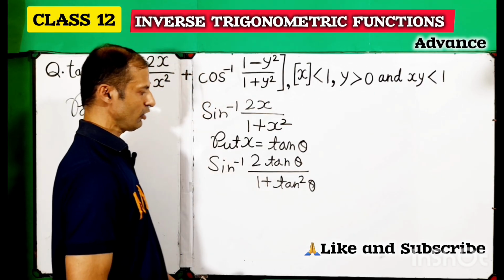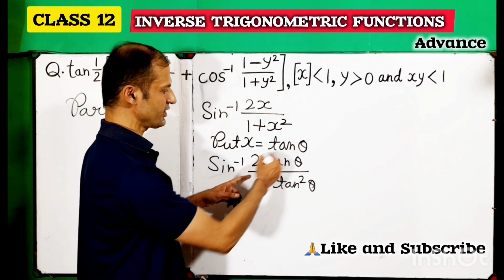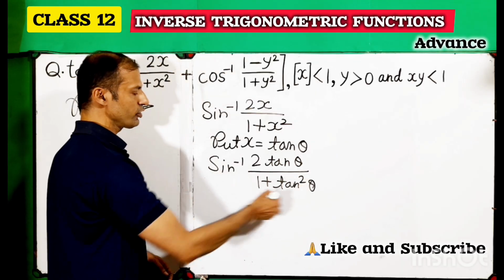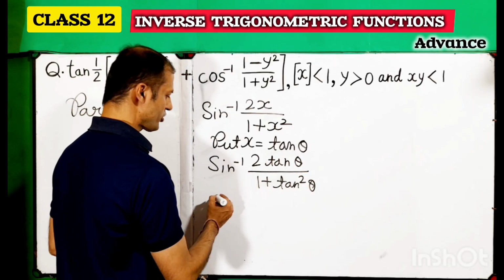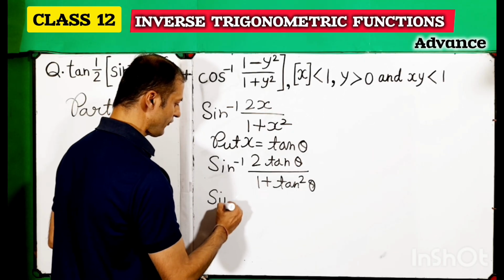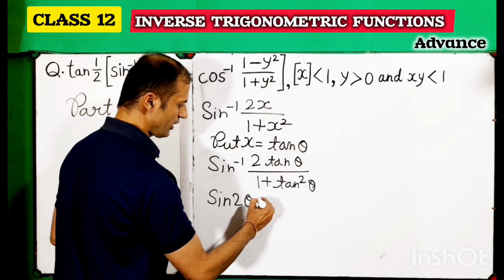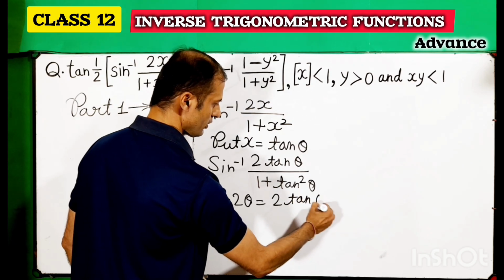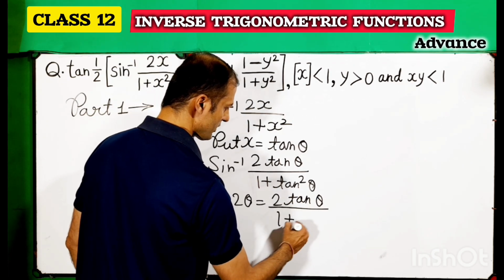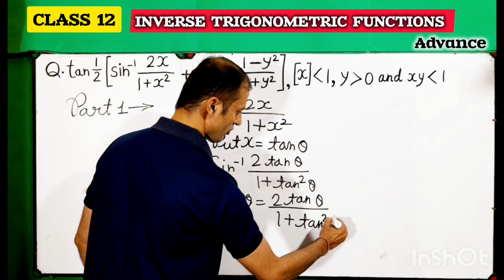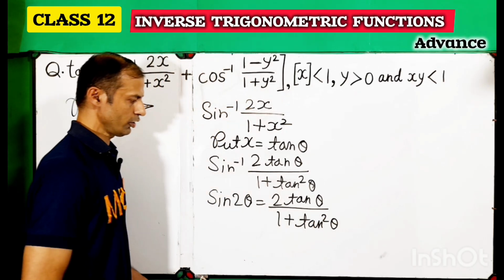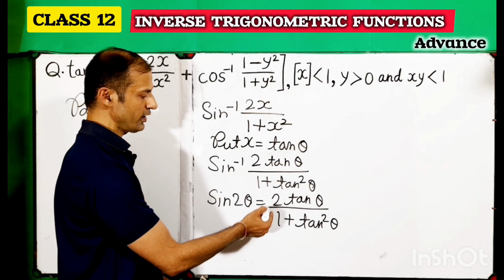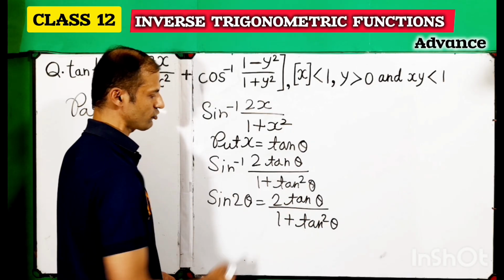Okay students, now I just told you that this is the sin 2 theta formula. So we'll keep sin 2 theta in place of this. First of all, this is the sin 2 theta formula: sin 2 theta is equal to 2 tan theta upon 1 plus tan square theta.